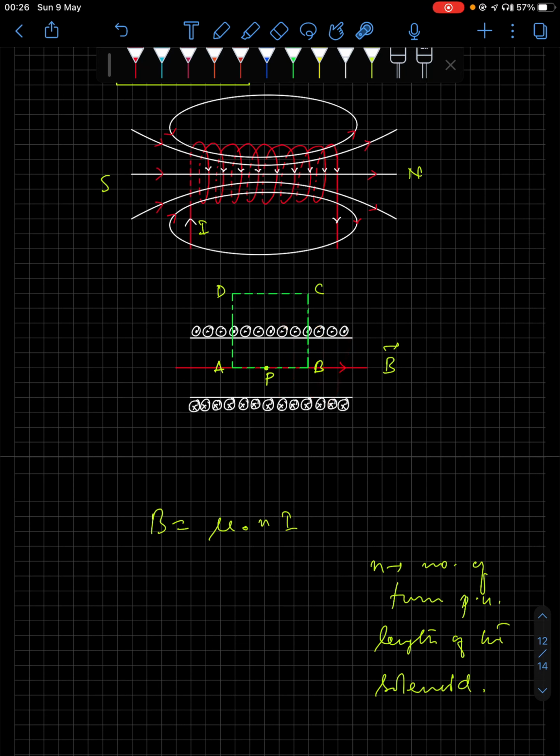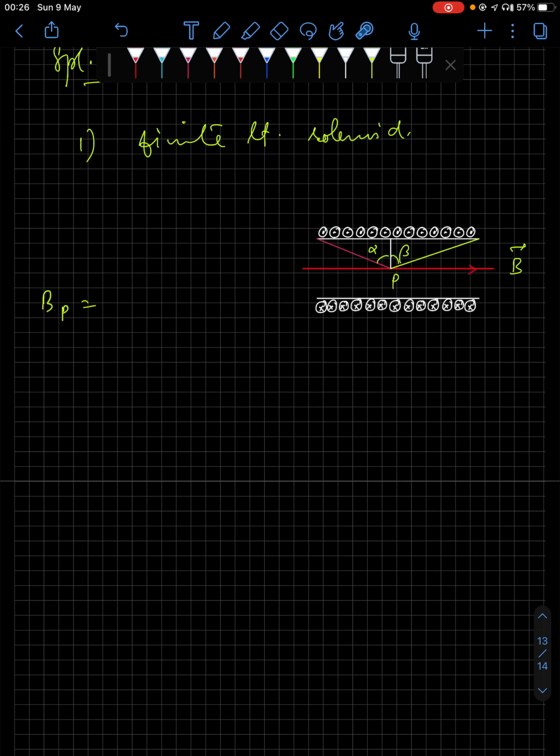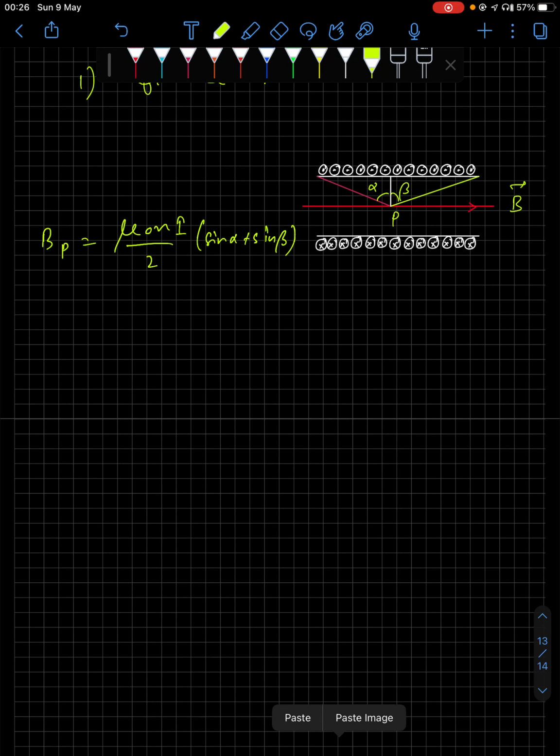As a result, the north pole of the magnetic field generated is along the right and the south pole is along the left. So now the magnetic field at this point P due to the solenoid carrying current is given by mu naught N I divided by 2, times sine alpha plus sine beta. So this is the general relation, right? Now we have infinite length.